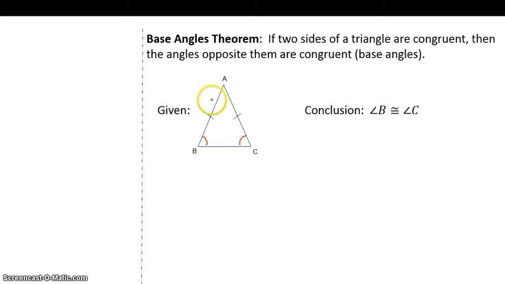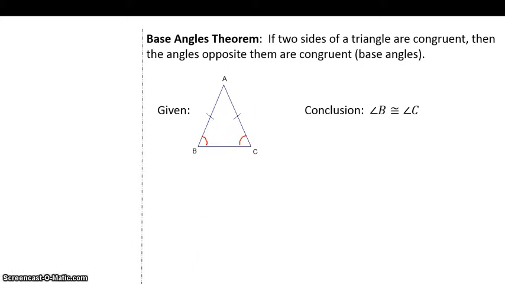The base angles will always be congruent to each other. That's what the base angles theorem says.